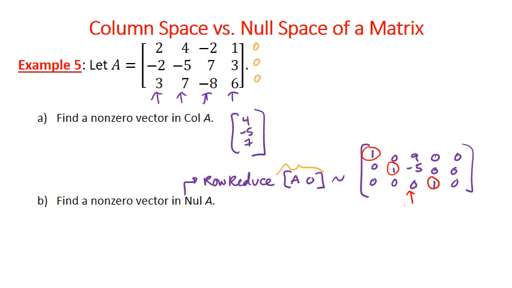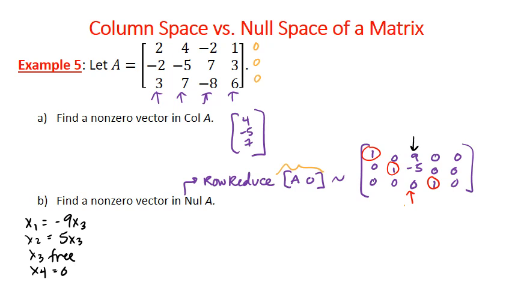So our general solution is x1, and I'm going to solve for x1 because we're big kids. I think that we can handle it. x1 is negative 9x3, x2 is 5x3, x3 is our free variable, and x4 is just 0.